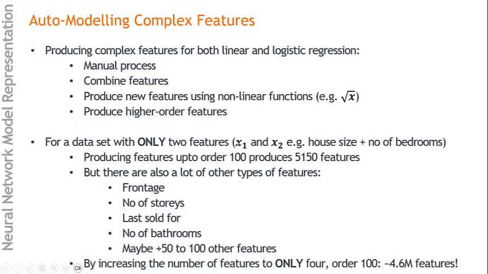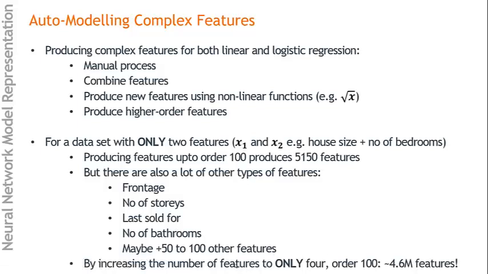So if we take combinations of x1 and x2, where we take a power of x1 times a power of x2, if the powers of the individual features range up to 100, in total we can create over 5,000 features. Now this multiplies even more when you have more base features. Right? These are only 2 features. Suppose I have 1, 2, 3, 4 different features. And each one of those features I can raise to a power and multiply together. Rapidly, the number of features explodes.